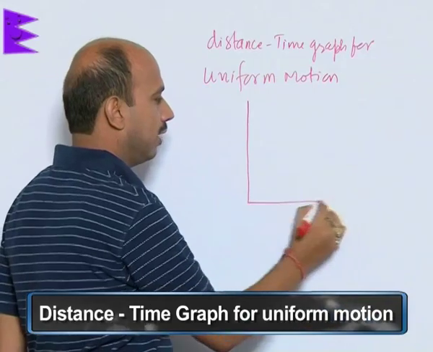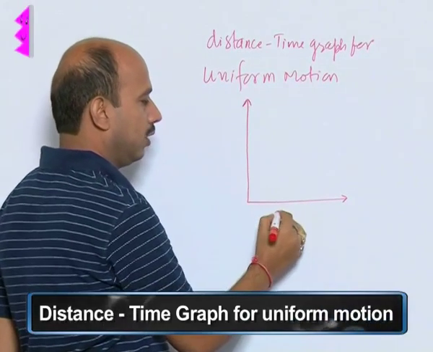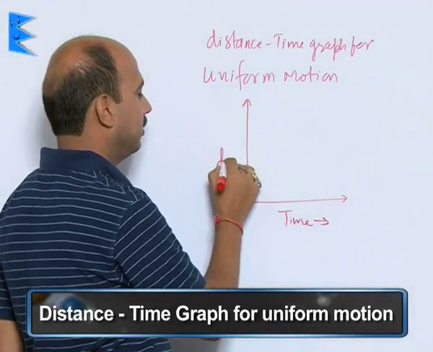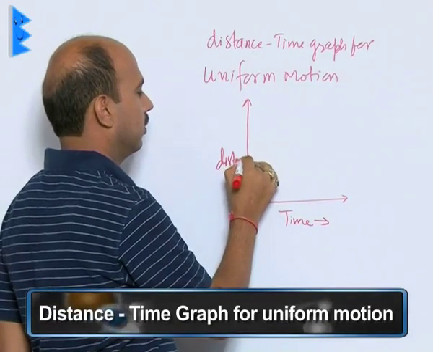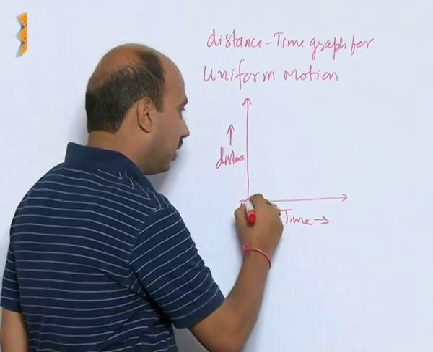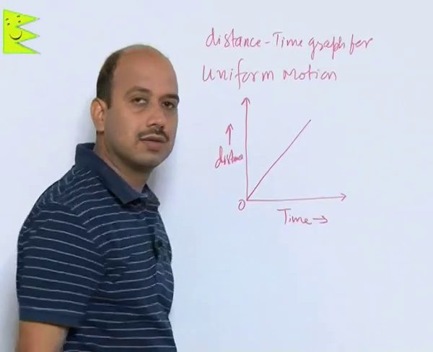It was like this here. Here I took time and here I have taken distance. This is the 0 point. The graph, I have told, was a straight line.